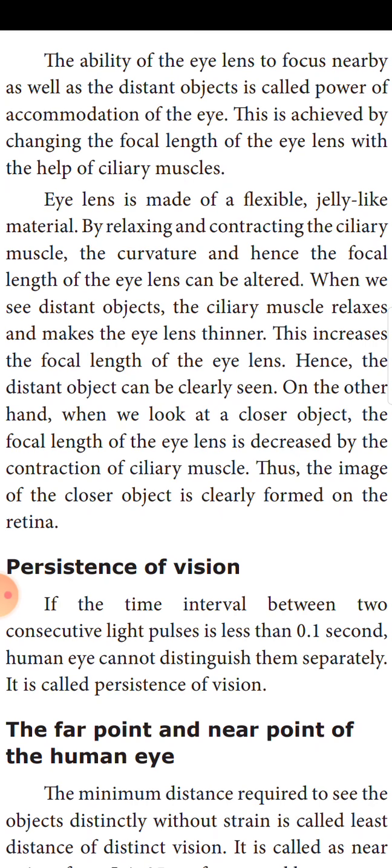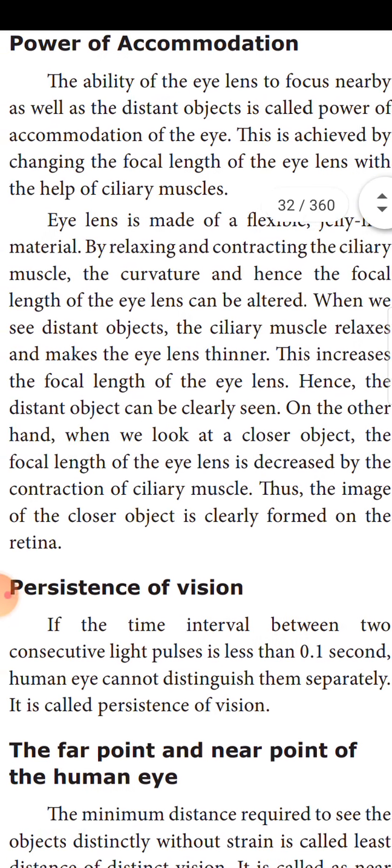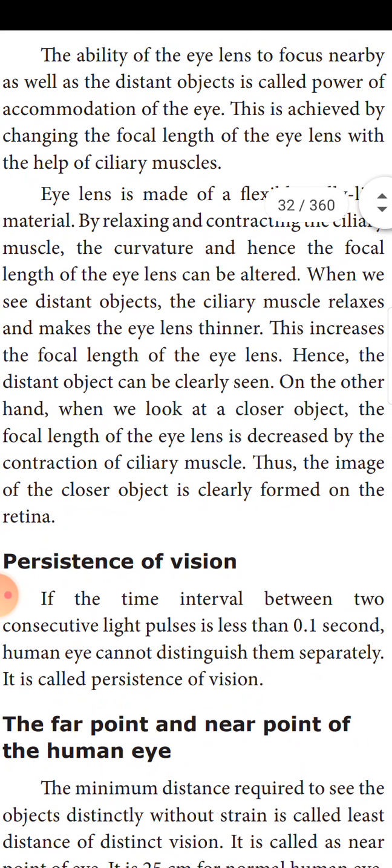Eye lens is made up of flexible jelly-like material. By relaxing and contracting the ciliary muscle, the curvature and hence the focal length of the eye lens can be altered.